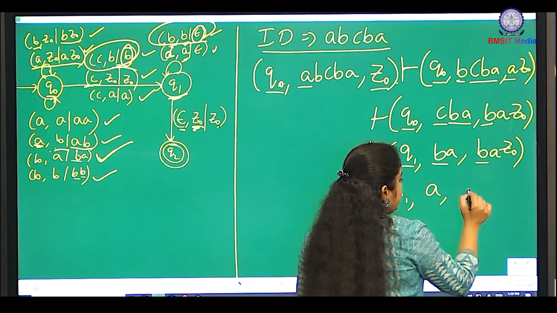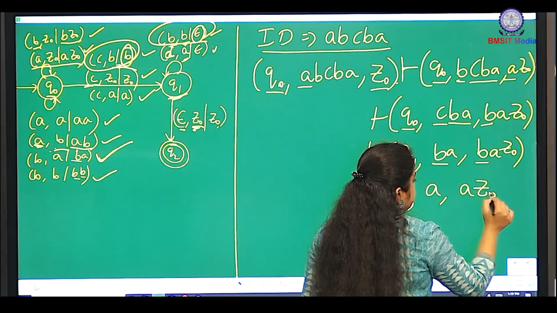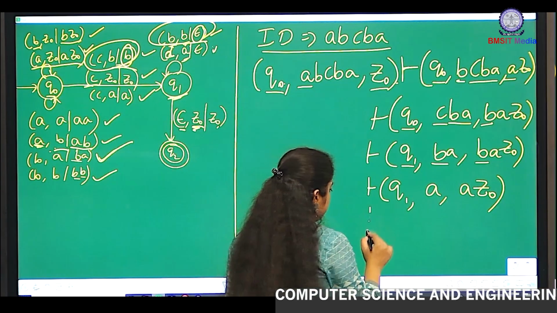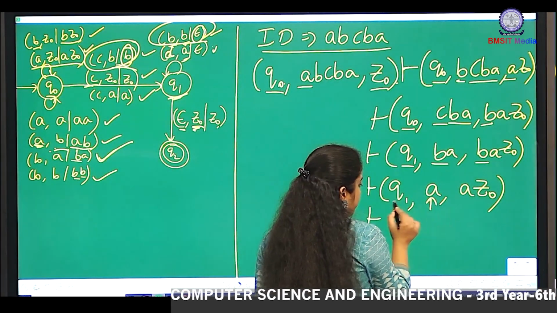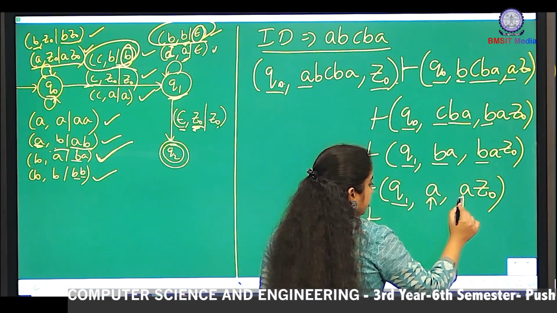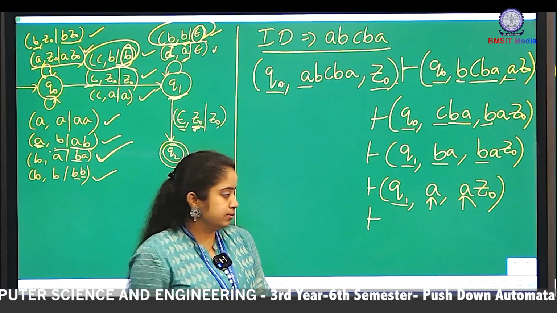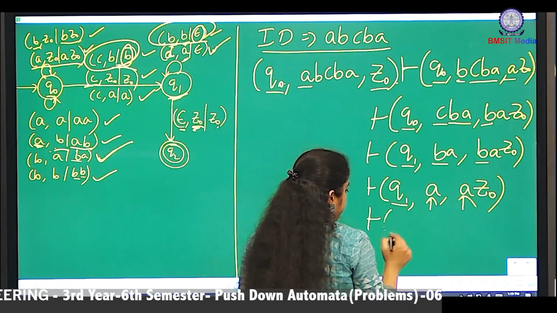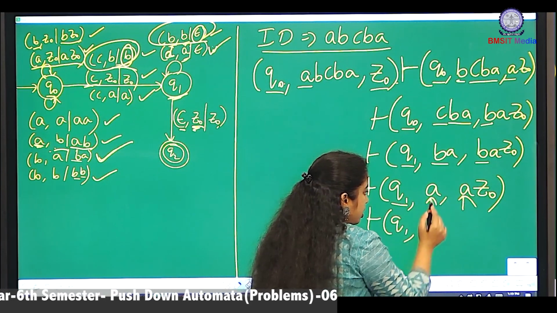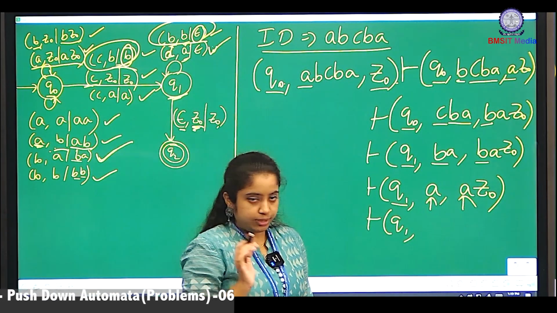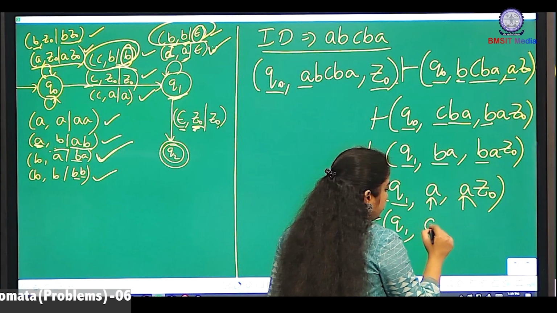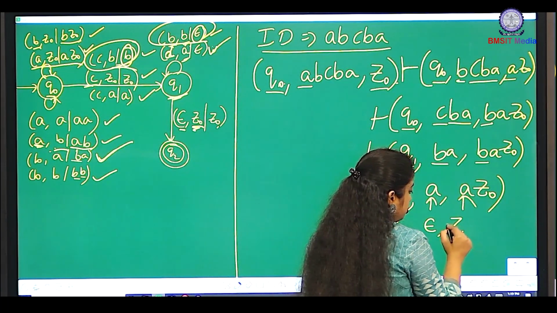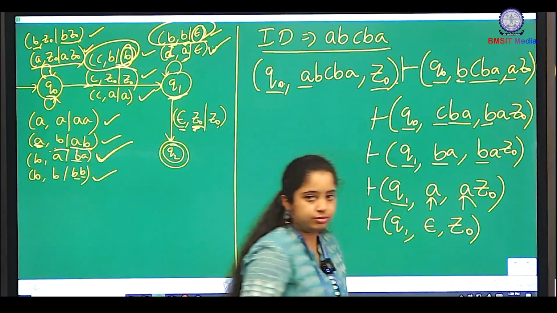You will pop this B and remaining will be AZ naught. Next, you are reading A in Q1 and A is the stack symbol. As per this transition, you will simply pop it. So you will stay in state Q1. You have reached the end of the string, so end of the string means remain with epsilon, and you will pop this out. So you will remain with Z naught.